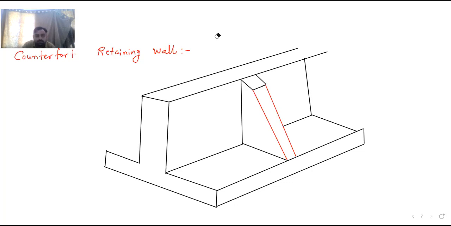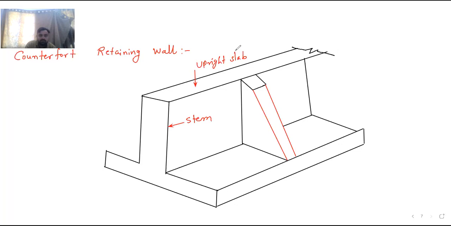I will show it like this, so that we have shown only one section for understanding purposes. Now I will give names to the different components of this counterfort retaining wall. This is called the upright slab, or also called the upper slab. This portion is called the stem.